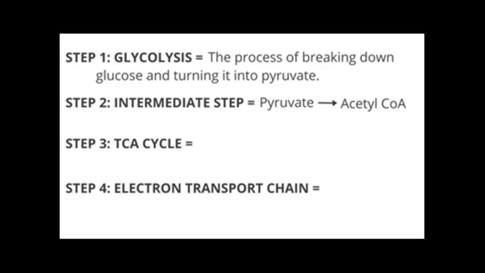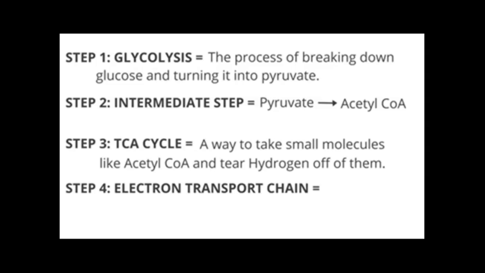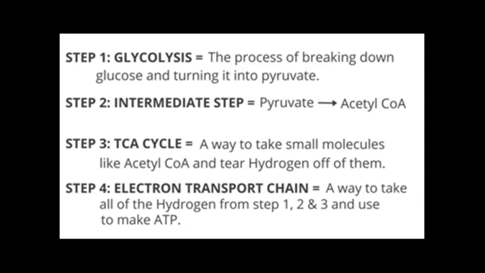It stands for the tricarboxylic acid cycle, and it's a series of steps that take small molecules like the acetyl-CoA from step 2 and tears the hydrogens off of them. You'll see why. Step 4, and the last step, is the electron transport chain, and this is basically a way to gather up all of the hydrogen from step 1, 2, and 3 and use them to make a whole lot of ATP.